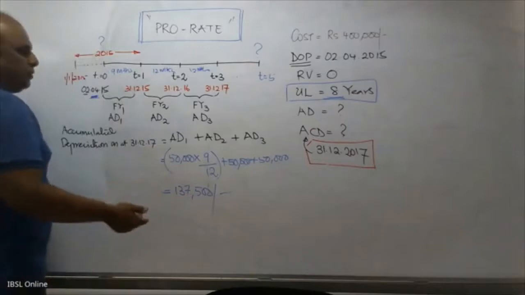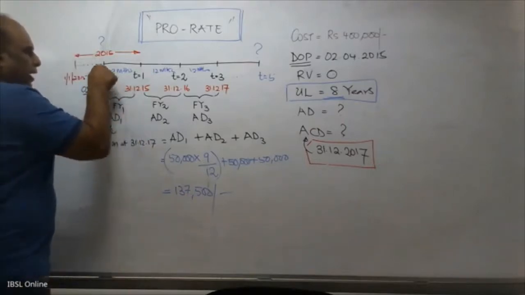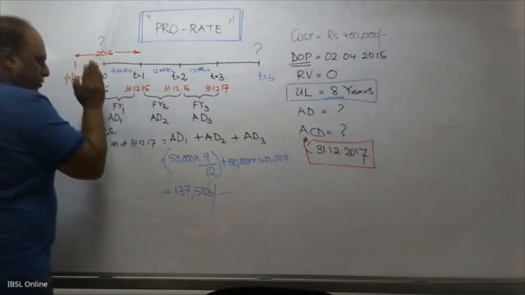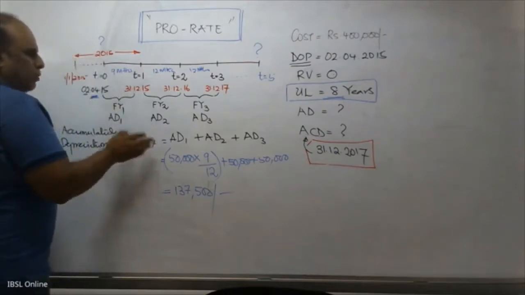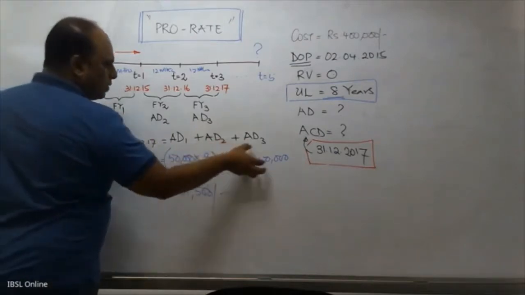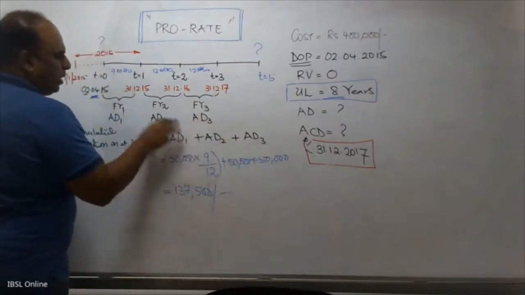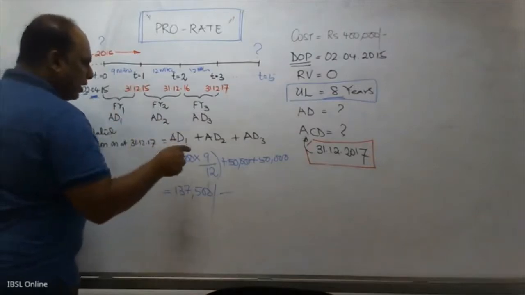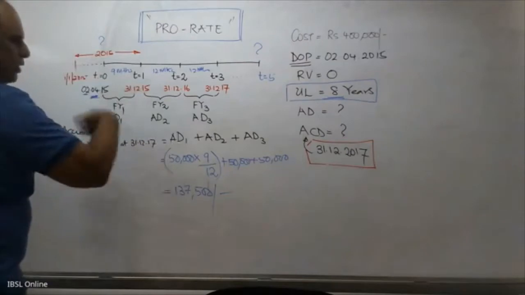So what does it mean? It means I don't consider whether it is 9 months or 12 months or whatever. Whatever it is, I'm going to use the annual depreciation. So my annual depreciation is 50,000. So even for the first year, I will use the 50,000. So that is what we initially did.